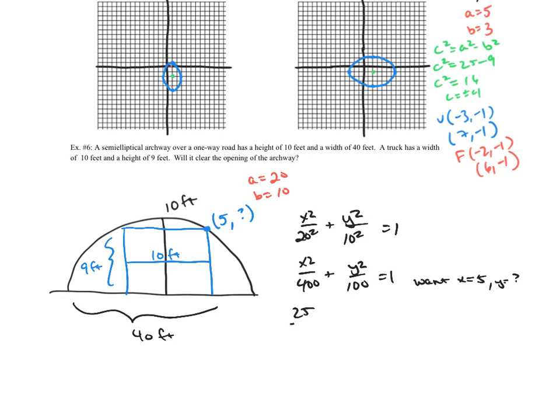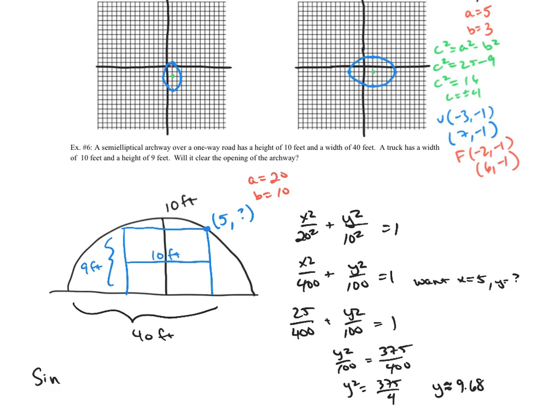We'll get 25 over 400 plus y squared over 100 equals 1. So y squared over 100 equals 375 over 400. So y squared equals 375 over 4. We'll use our calculator and we'll get that y equals approximately 9.68.